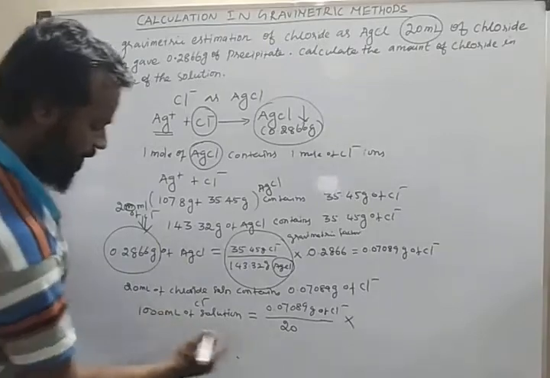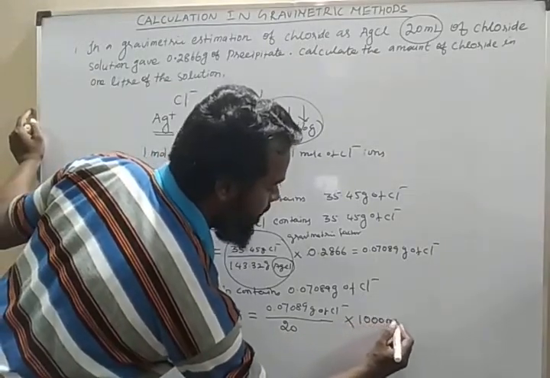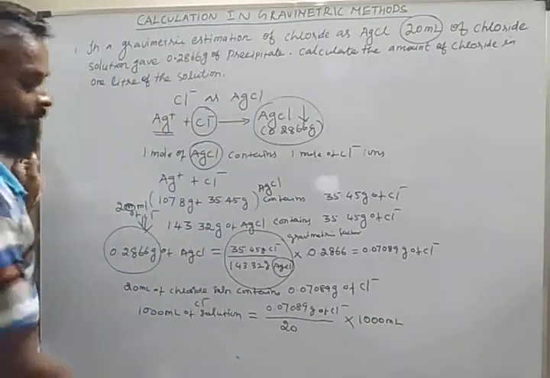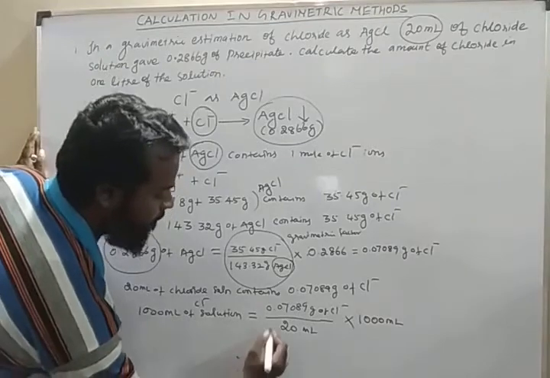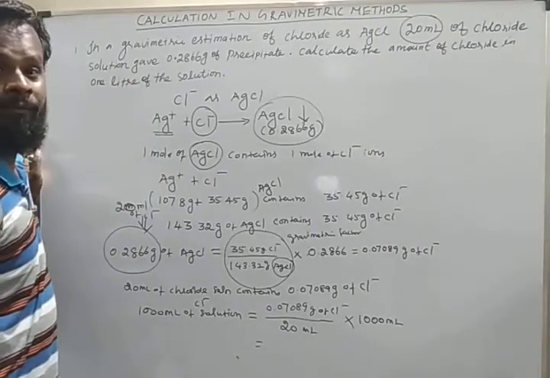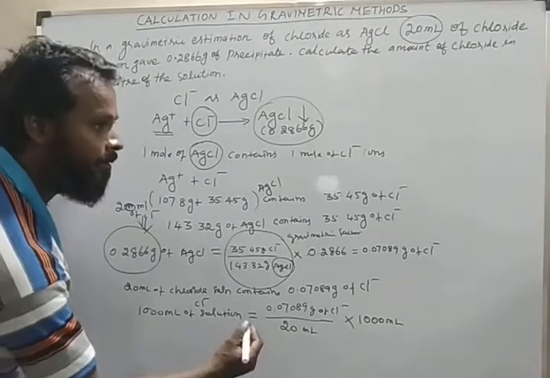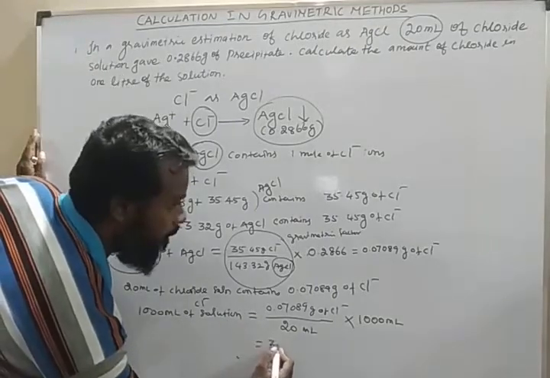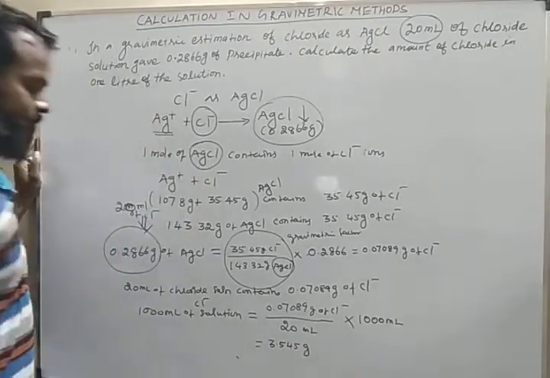So what is the amount of chloride present in 1000 ml of the chloride solution? We just have to multiply this with 1000 ml, then we get the value. If you solve this, you get the value equal to 3.545 gram.